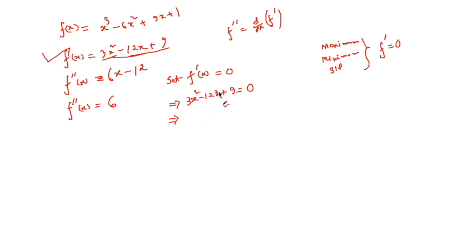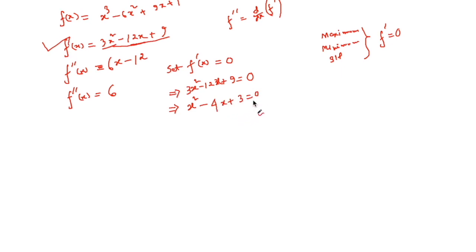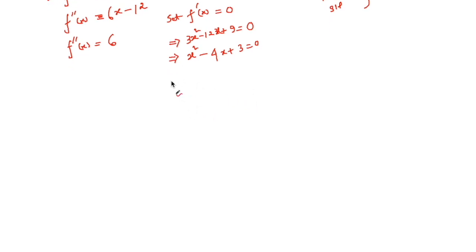Now let us divide this equation by 3 first. So we will get x square minus 4x plus 3 equal 0. If we factorize this equation, we will get x square minus 3x minus x plus 3 equals 0.